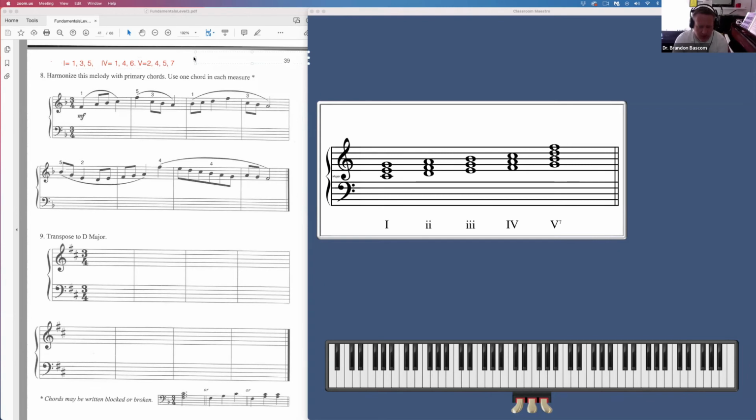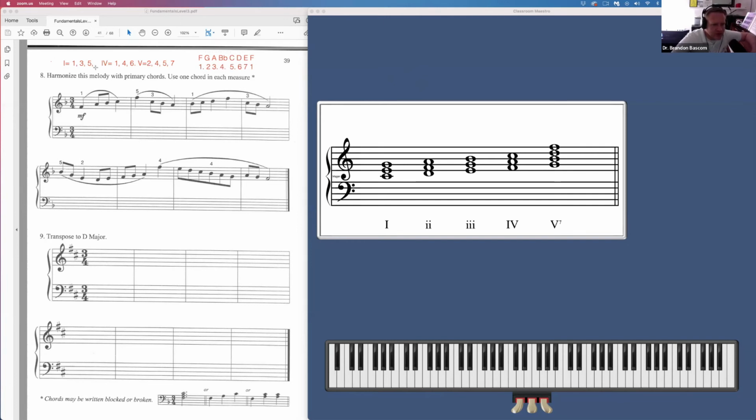So my F major scale: F, G, A, B flat, C, D, E, F. That's my 1, 2, 3, 4, 5, 6, 7, back to 1. So for the first measure, I've got F, A, B flat, C. That's a 1, 3, 4, 5.